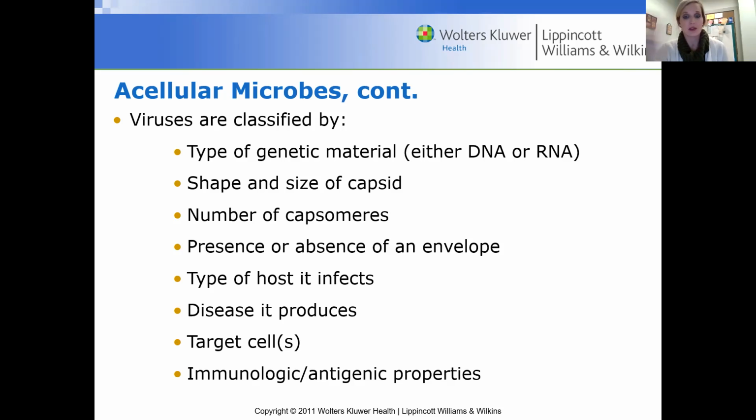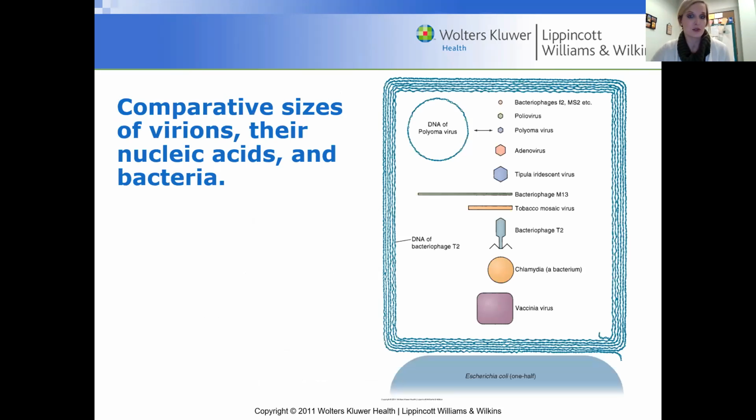Remember, we said that viruses can pretty much infect anything, but it's categorized based on what it infects too. The disease that it produces, the type of cell that it's targeting in that living thing, and its immunologic and antigenic properties. Meaning how it triggers the body to defend itself is what we're looking at here.